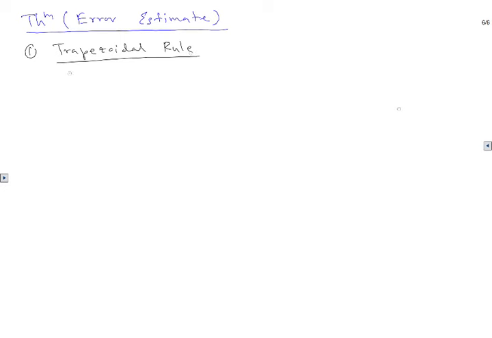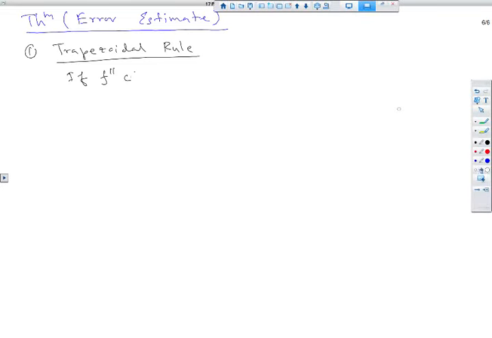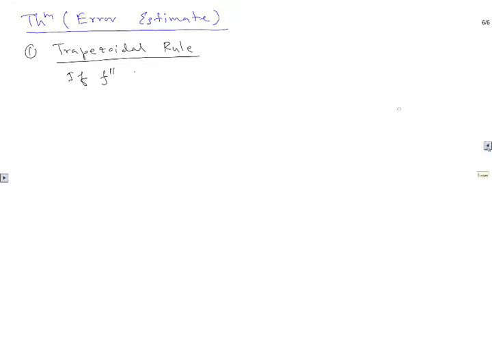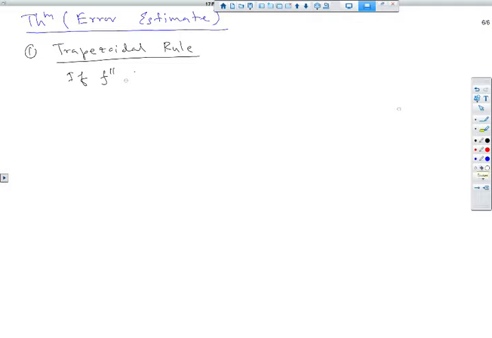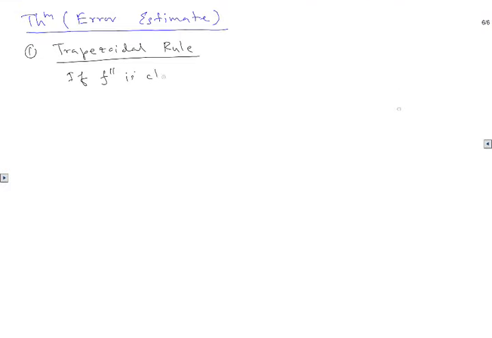So what it says, if the second derivative is continuous, and it is bounded by M, I'm going to call it M_T for the trapezoidal rule, M_T on the interval [a, b].